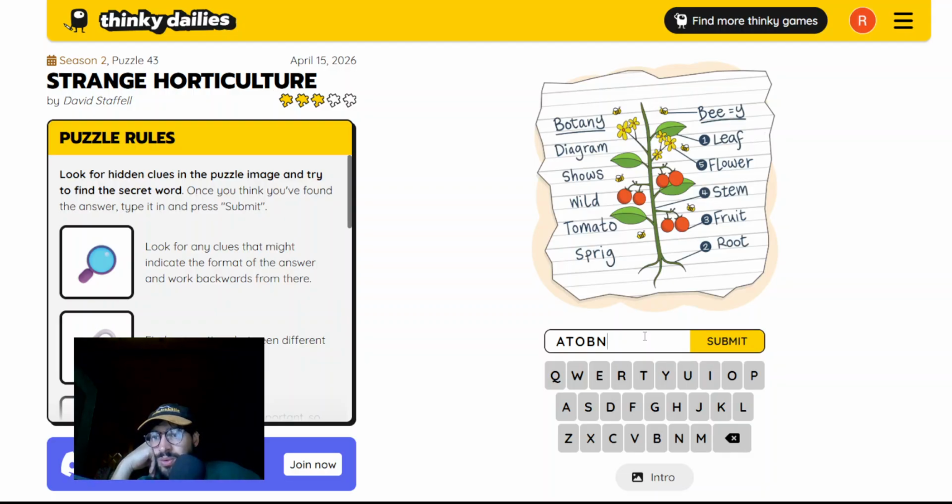So we know, leaf is 4, that's an A. Then root is 3, which is a T. Then fruit is 2, which is an O. Then stem is 1, which is B. And then there are 5 flowers, that's an N. But then the B doesn't matter, right?